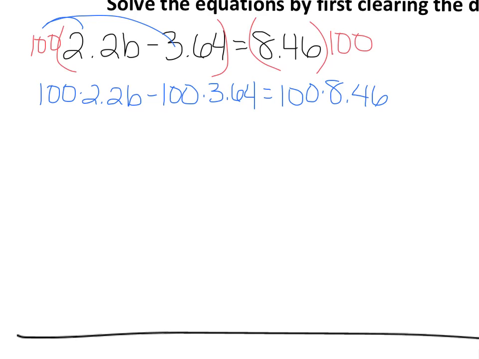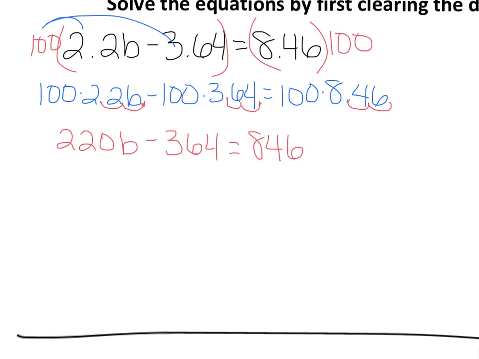So in this first number, I end up with 220b. For my second term, it moves my decimal 2 places to the right, so I end up with 364. For my last term on the right-hand side, it moves 2 places to the right, and I end up with 846. So notice there are no more decimal places.